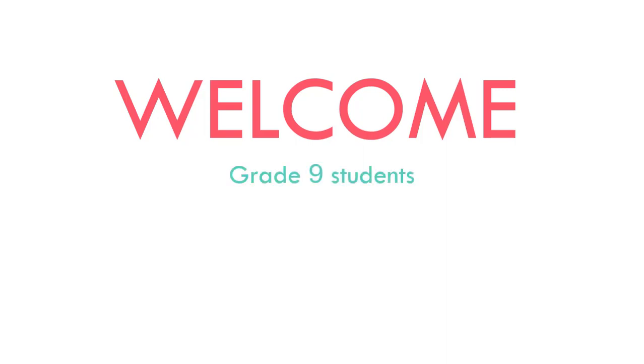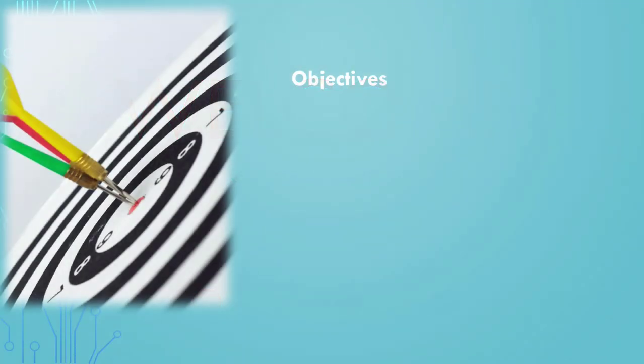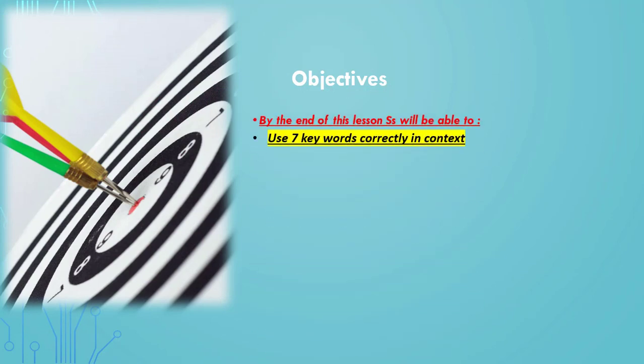Dear students of grade 9, I welcome you once again. Today, inshallah, we are going to talk about Module 6, Roundup, page 70. So, let's get started. Our objectives today are: number 1, to use 7 keywords correctly in a context.